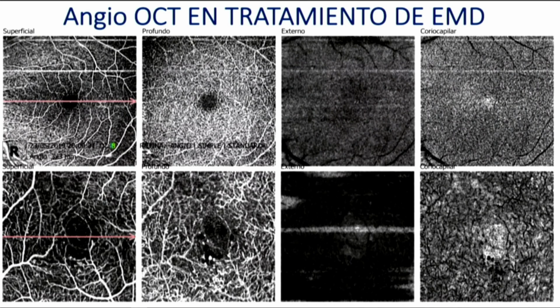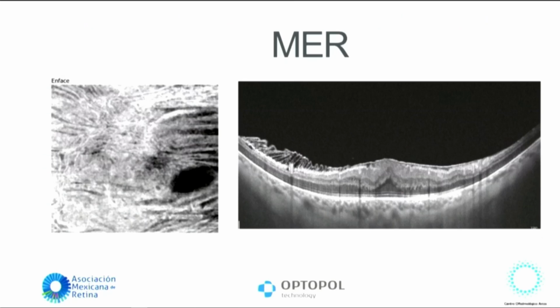So we are injecting them all the time, but since they have damage at the external plexiform layers, they are not very good candidates, even though we have to try to inject them, but we have to explain what the prognostic factor is. And in closing, I believe that en face will get us going in the next few meetings.